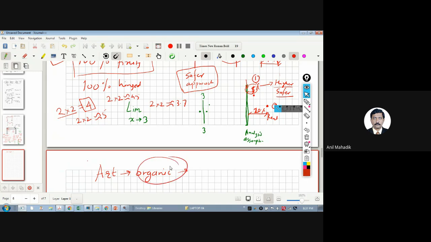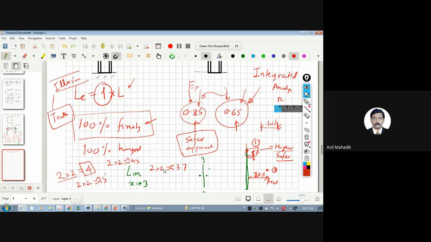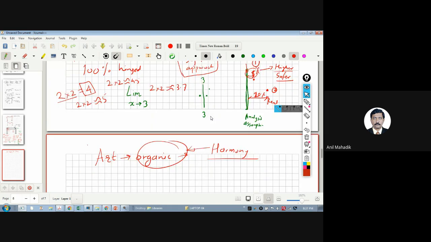In totality, there is harmony in them. The harmony is due to their organic and erratic nature. In the similar fashion, in structural engineering, due to its erratic or different answers which are away from reality, it has that artistic way, and the harmony is within that.